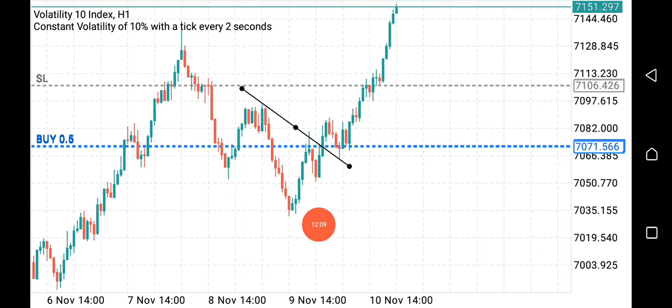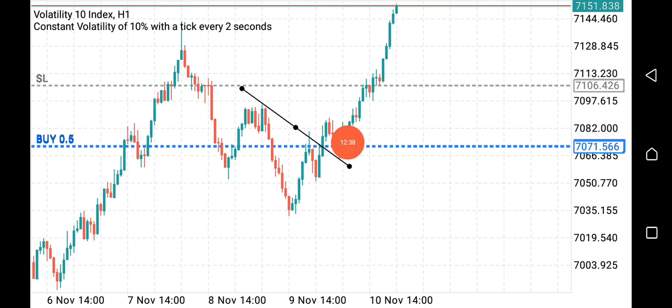This is the inverse head and shoulders now, but it's not the perfect one. The left shoulder, the head, and the right shoulder. So this black line now is the neckline. So the neckline was broken and retested. Do you understand this? Left shoulder, the head, the right shoulder, and the neckline. So this neckline was broken and retested.